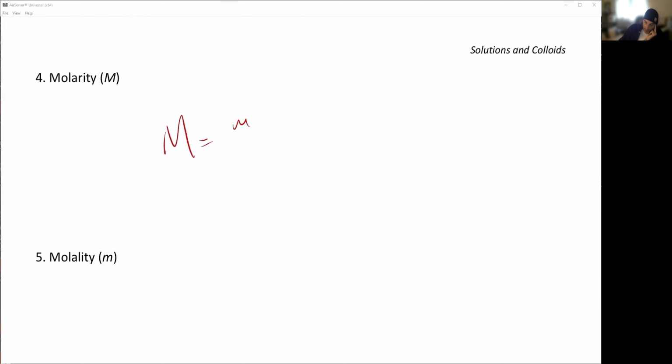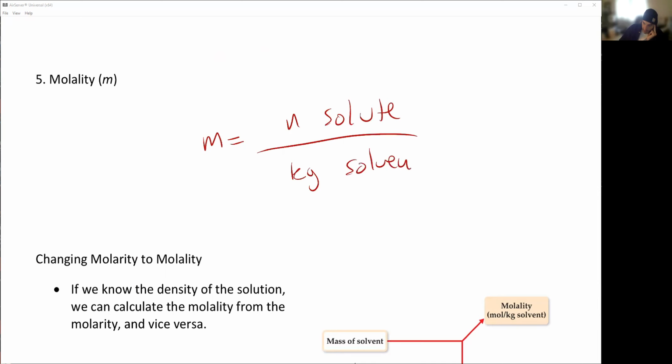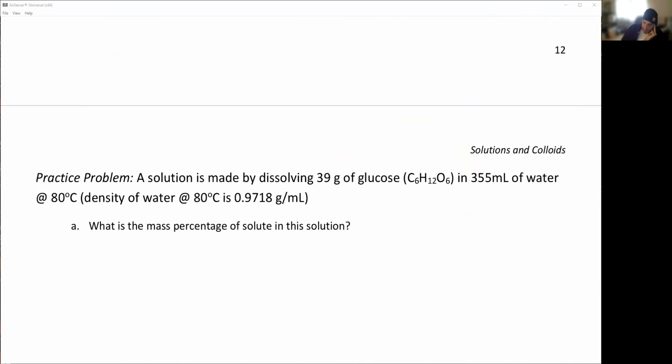Molarity is, again, moles of solute over liters of solution. And molality is equal to moles of solute over kilograms of solvent. In order to go from molarity to molality, you need density.